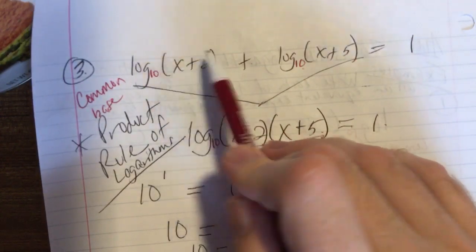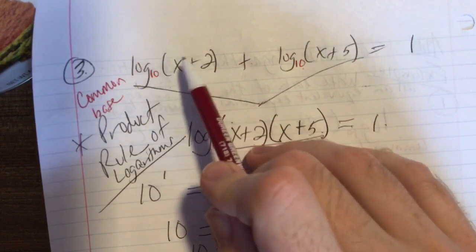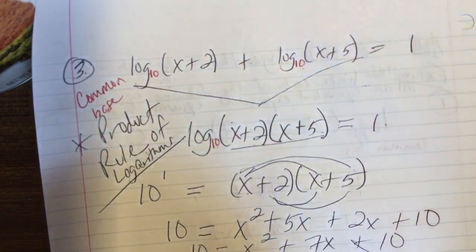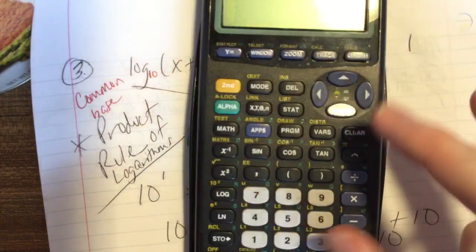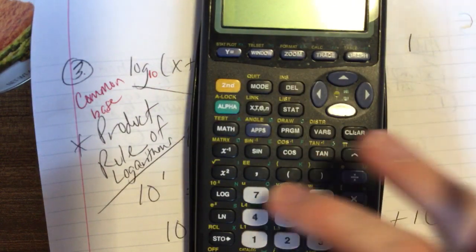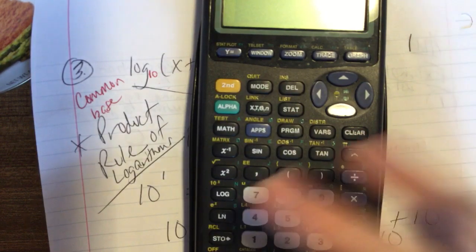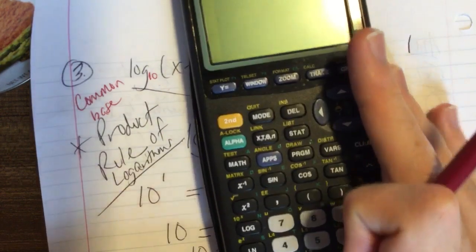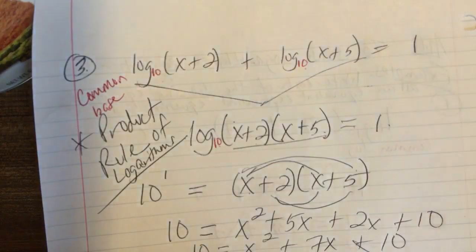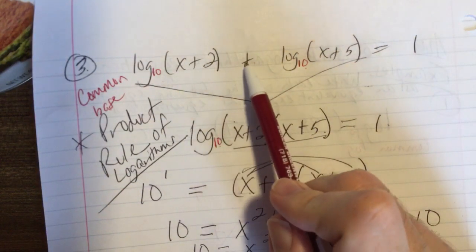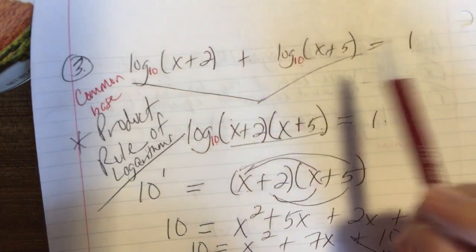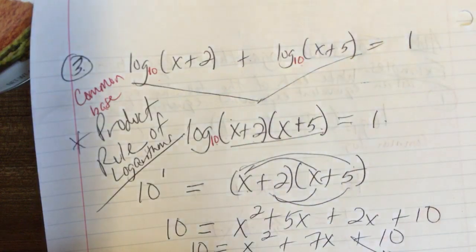If we take negative 7 and plug it in, we would get the log of negative 7 plus 2. So that would be the log of negative 5. Again, we can use our calculator because it's a common log. The log of negative 5 plus the log of, again, x is negative 7, so this would be the log of negative 2.